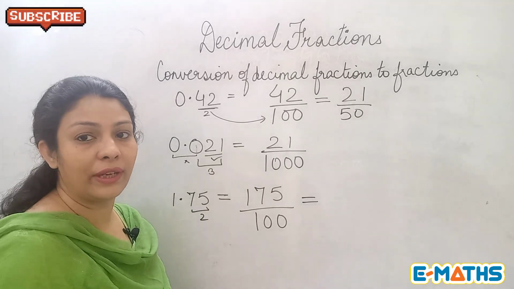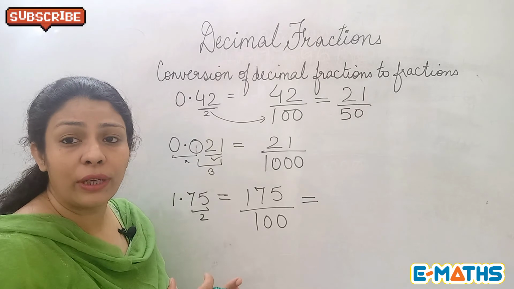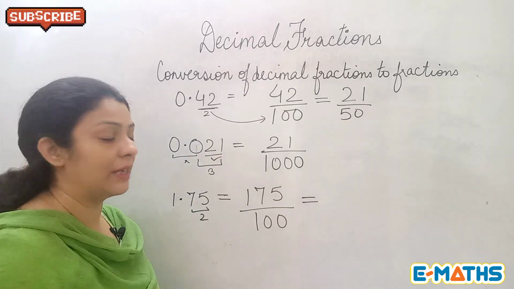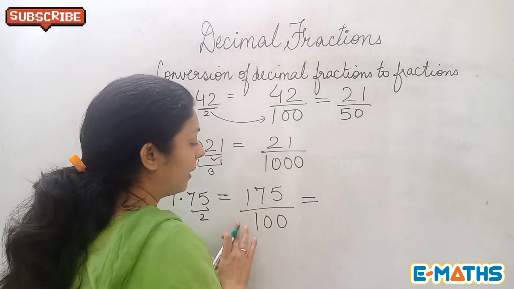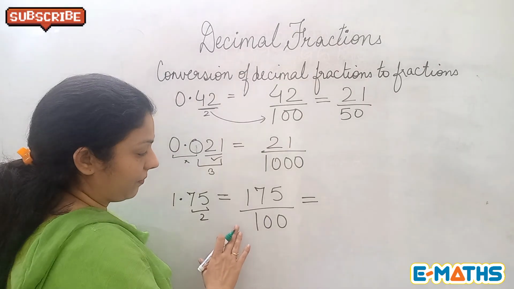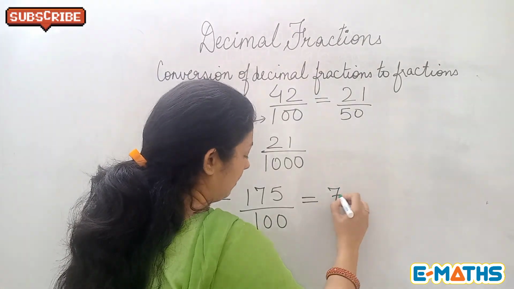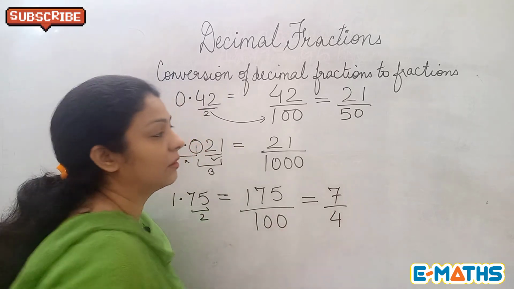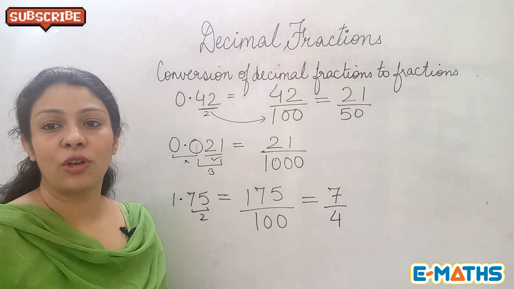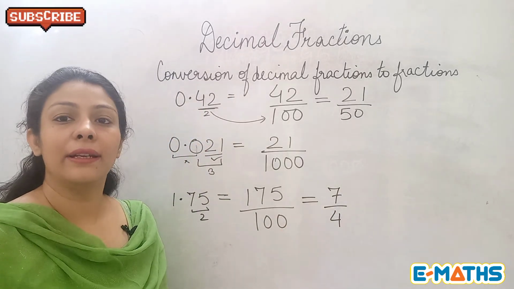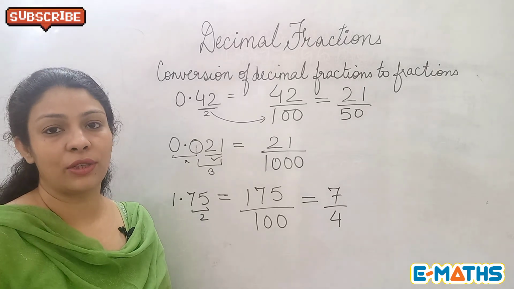If you don't know, then you can just break 25 like 5 into 5. You can do it twice, thrice, as many times as you want. So 25 sevens are 175 and 25 fours are 100. So we have reduced our fractions to the lowest term.